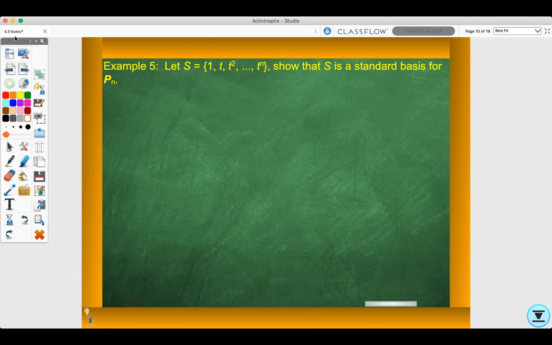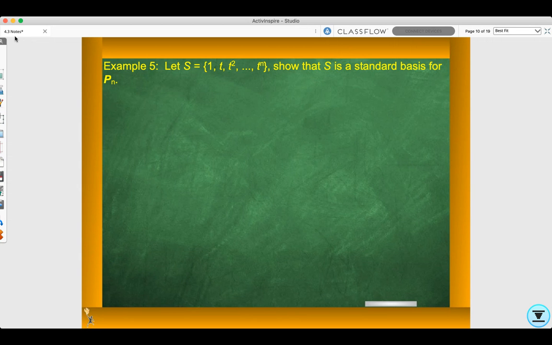Let's look at example 5. Let S be 1, t, t squared all the way to t^n. Show that S is a standard basis for Pn. So what we're going to do is let c0 times 1 plus c1 times t plus c2 times t squared plus ... plus cn times t^n equal the 0 vector.